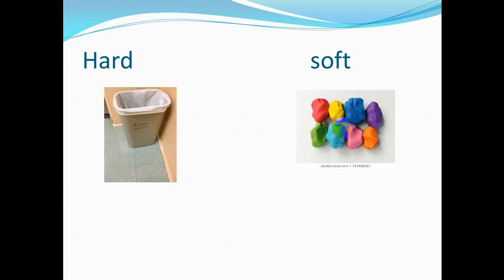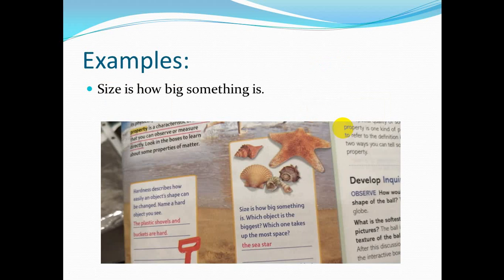Okay, again now. Till now we described some physical properties. Number 1 is texture. Number 2, color. Number 3, hardness. Then number 4, we will talk about size. The size is how big something is. Look at this question in your book, page 353.